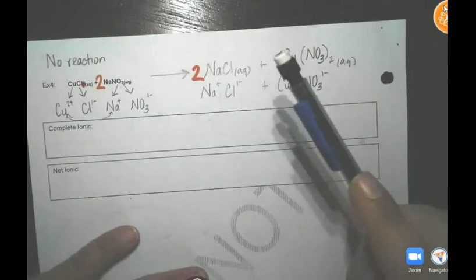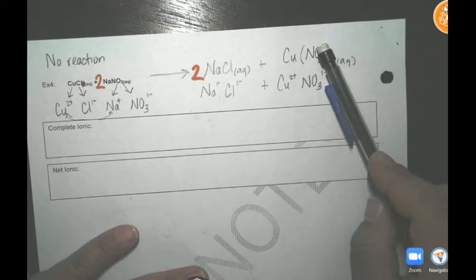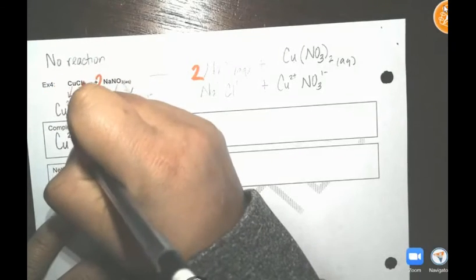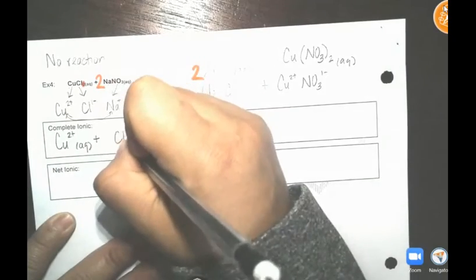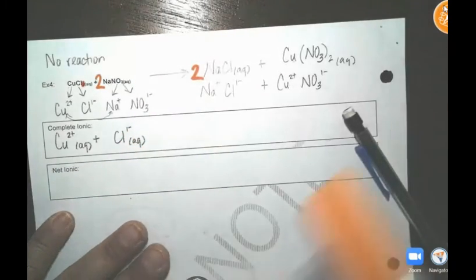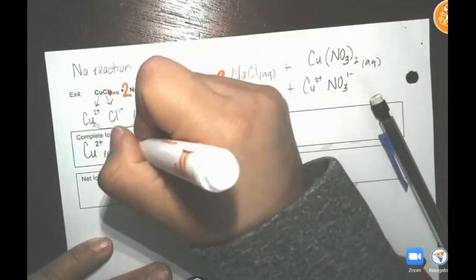Okay. So there's nothing to circle because I didn't form a solid. I didn't form water. I'm going to rewrite the complete ionic equation. So I have Cu 2 plus aqueous plus Cl 1 minus aqueous. All right. Remember that 2? This 2 here now has to be accounted for here.